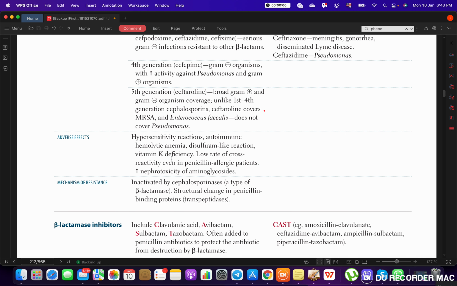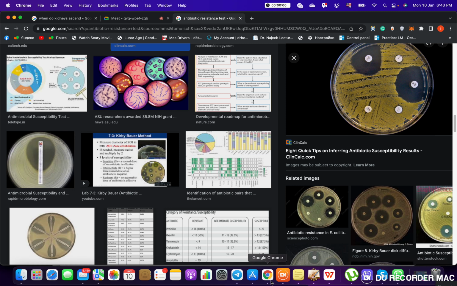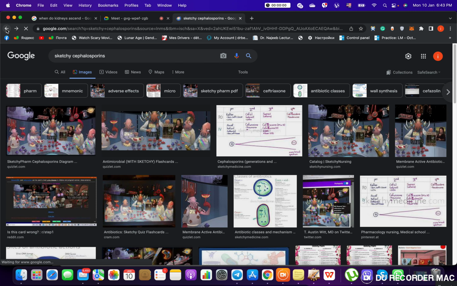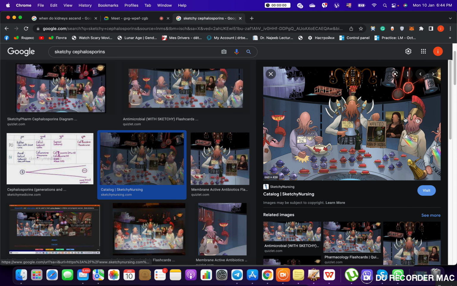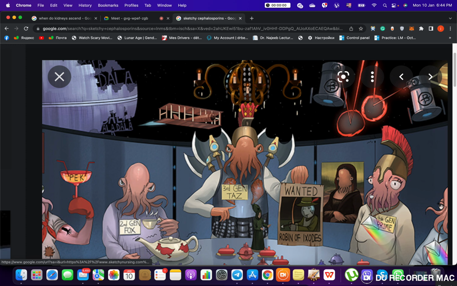Well, look, in Sketchy, when you watch the bacteriology, you watch Biochem and Micro. And if you watch the Sketchy pharmacology, which is like the one I told you about, I think they mention it. They should mention it. I hope they do, actually. MRSA. So this is the pseudomonas between the two.